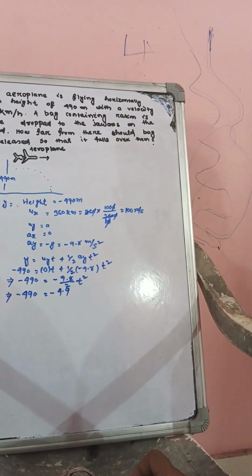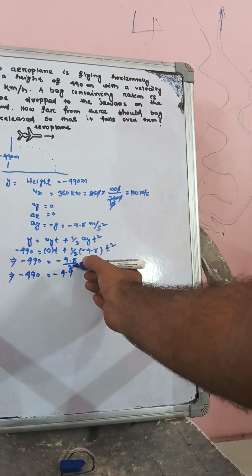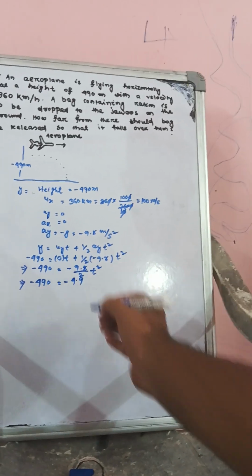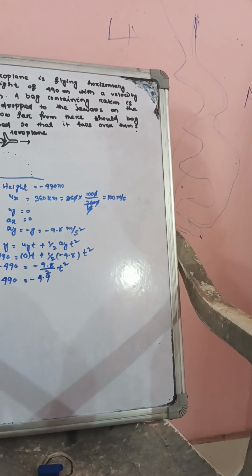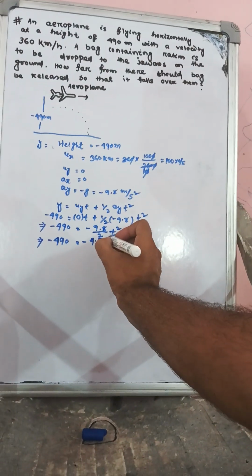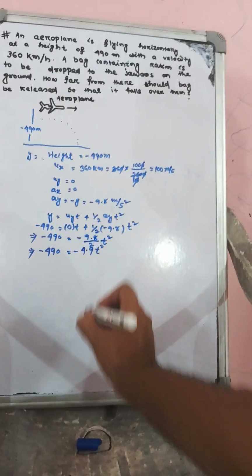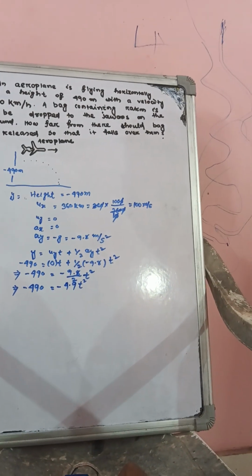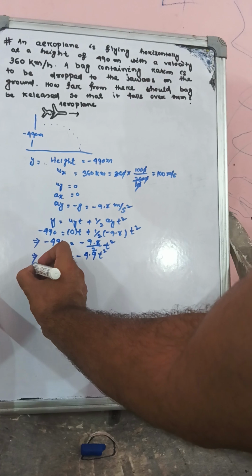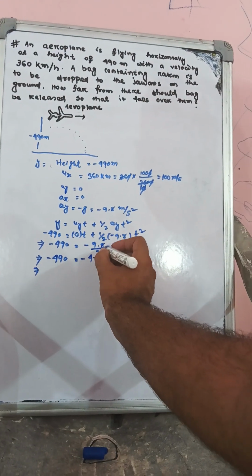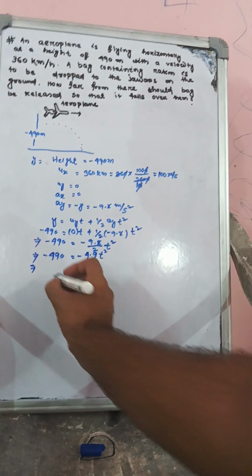Okay, this is t square. 9.8 divided by 2 is equal to minus 4.9 t square.